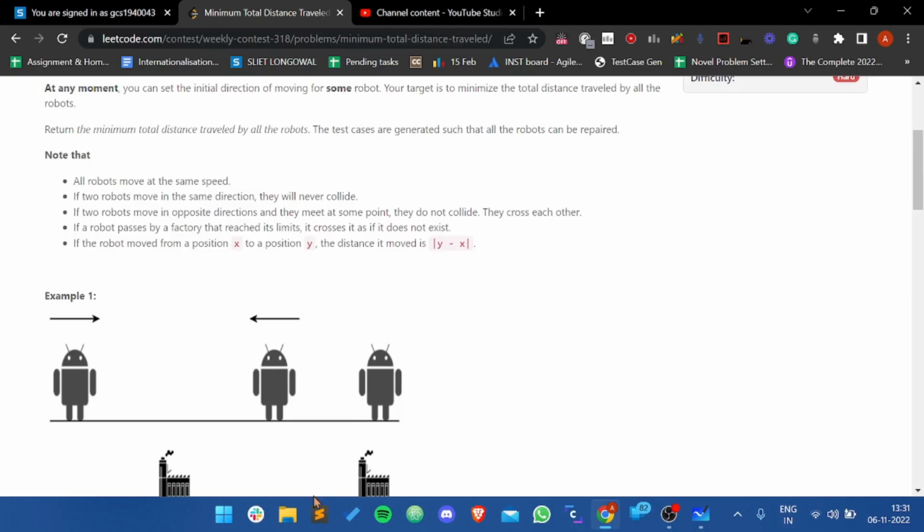Okay, so like this, we have some factories and we have some robots.